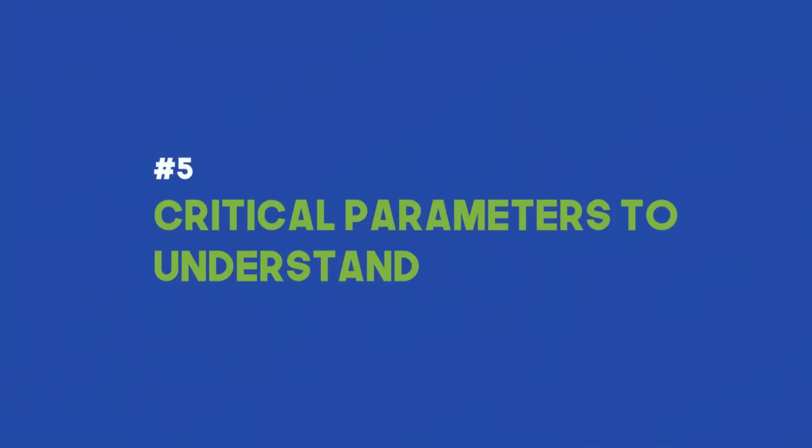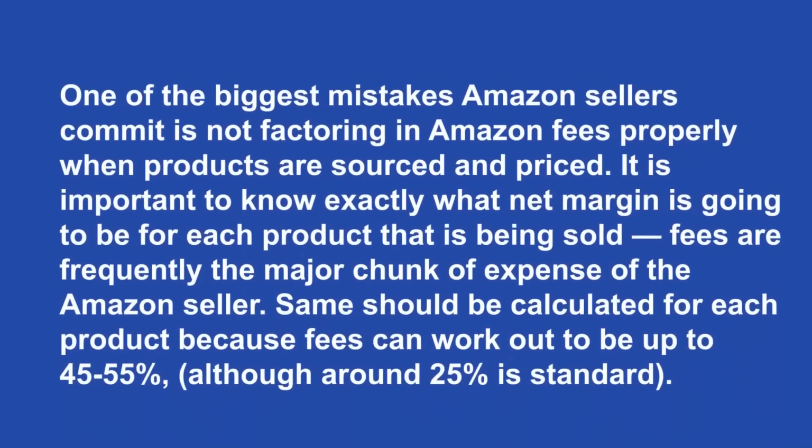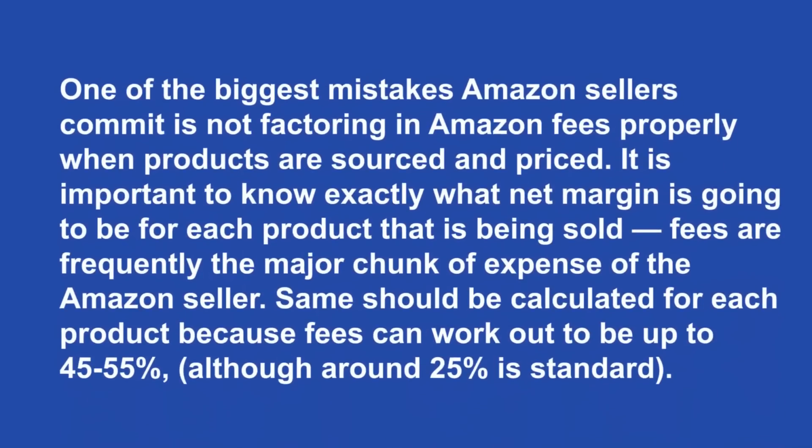Number 5, and a very good one, guys, is critical parameters to understand. There are some critical parameters that you need to understand while you're operating an Amazon business in terms of the accounting and VAT. One of the biggest mistakes Amazon sellers commit is not factoring in Amazon fees properly when products are sourced and priced.